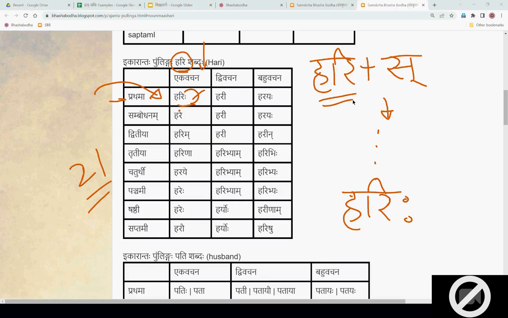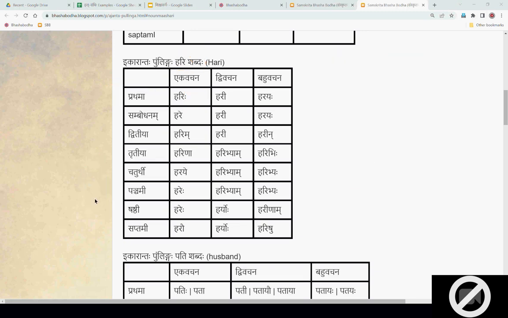In this case, it is Hari, and to this we add one of the suffixes. There are 21 forms, right? Each vibhakti table has 21 forms. For the first declension, singular, there is one suffix we need to add. For the dual number, dvivachanam, we need to add another different one, which is called au.